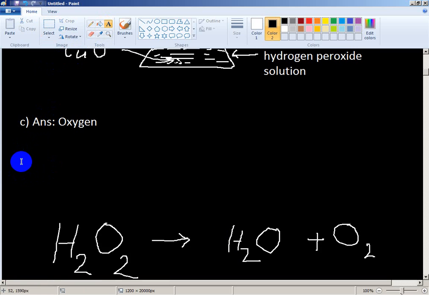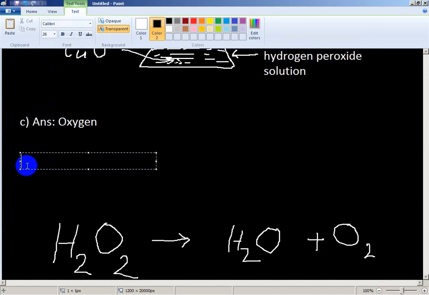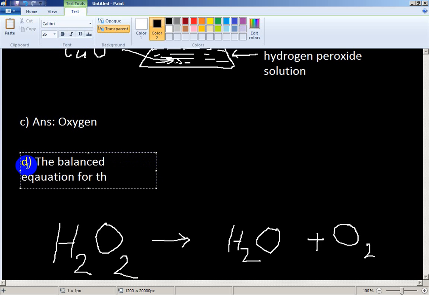The balanced equation for the decomposition of hydrogen peroxide.